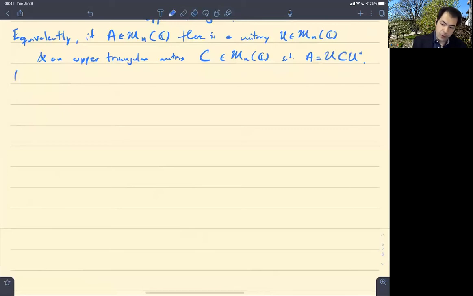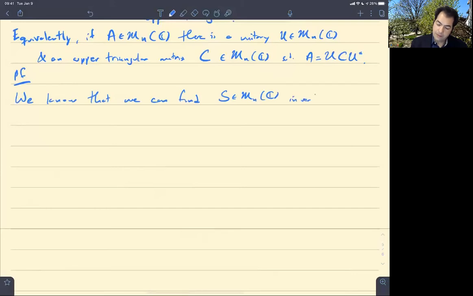Okay, the proof is very quick. So we know that we can find S, n by n with complex entries, invertible, and an upper triangular matrix B with complex coefficients such that A is equal to S B S inverse.